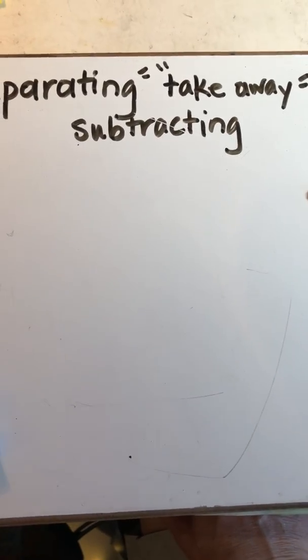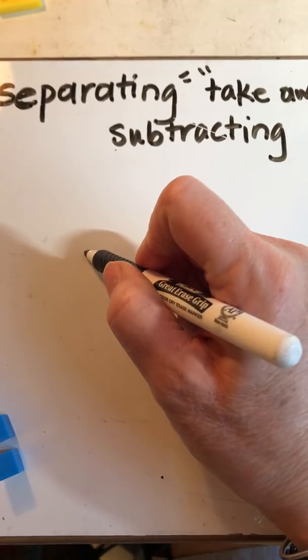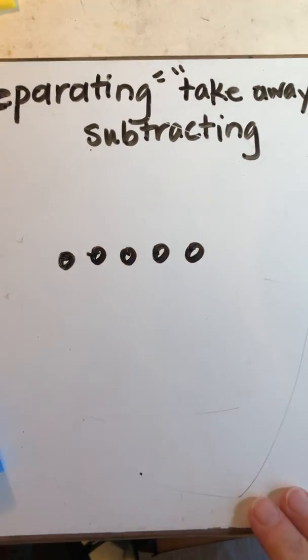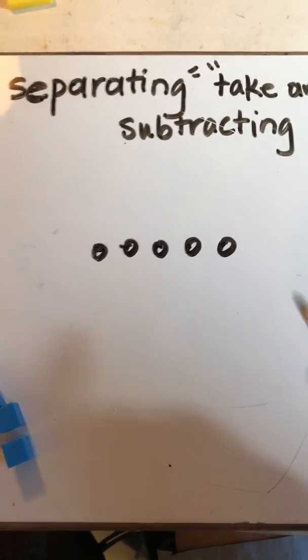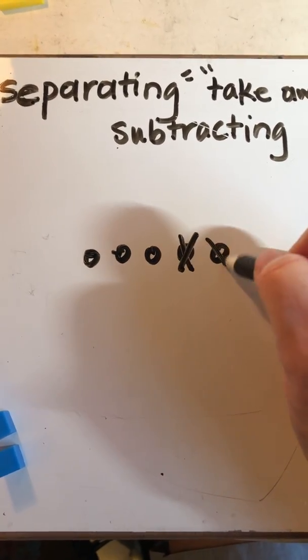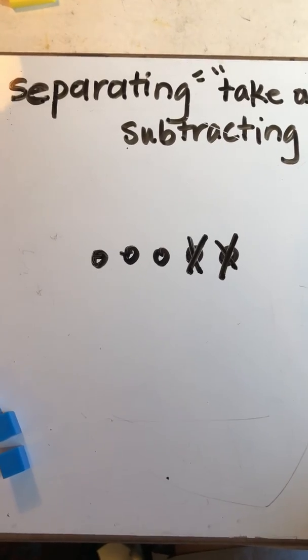Okay. Jonah and his brother Noah blew up 5 balloons. All right, I'm going to draw their balloons. 1, 2, 3, 4, 5. Okay? And 2 of them popped. So this time, I'm not even going to erase them. I'm just going to put X's over them. Those 2 popped. How many balloons did they have left?